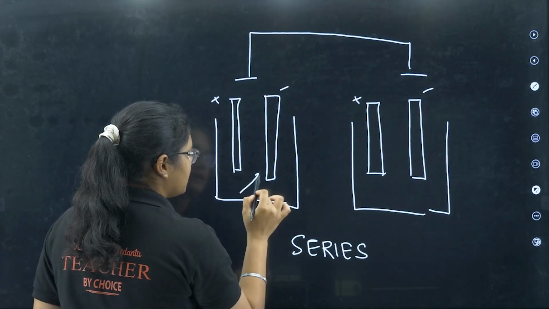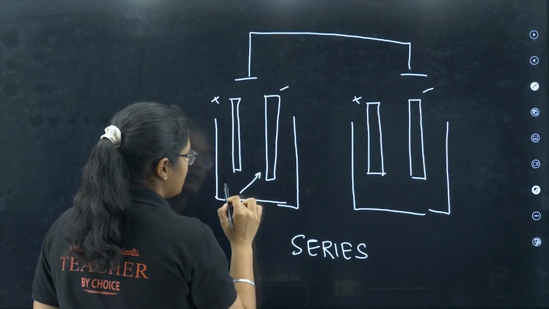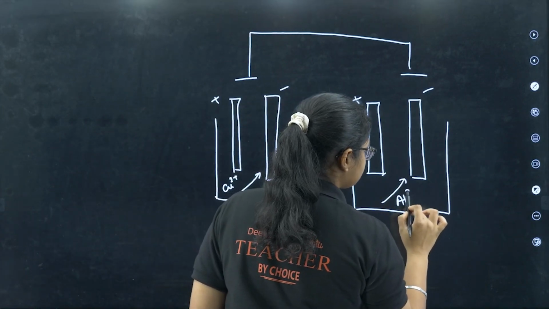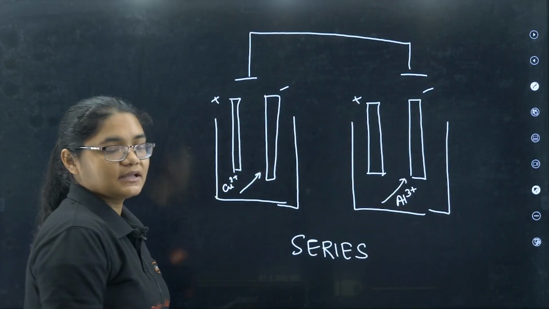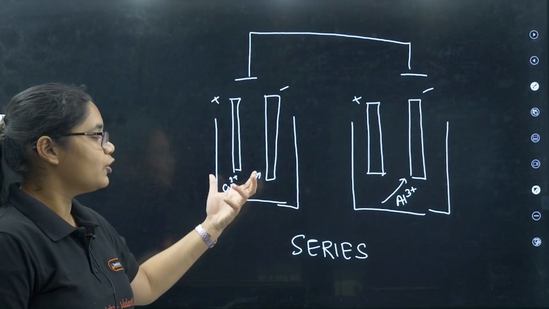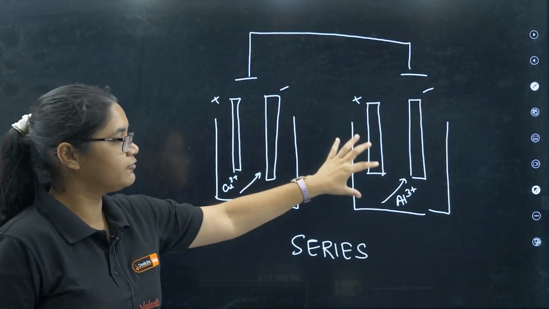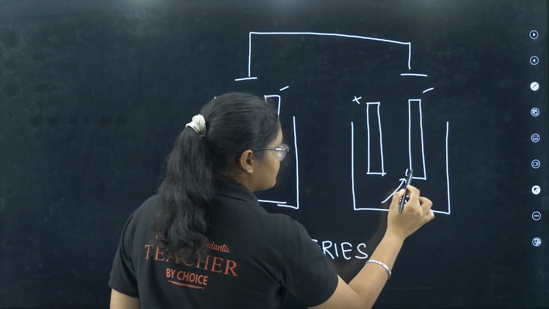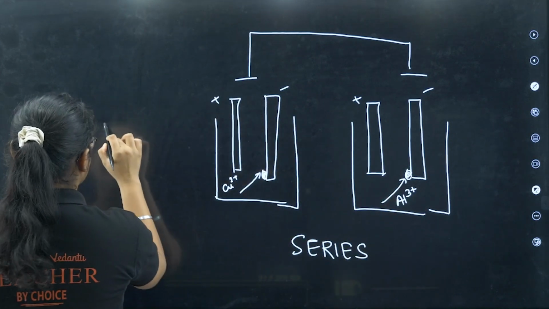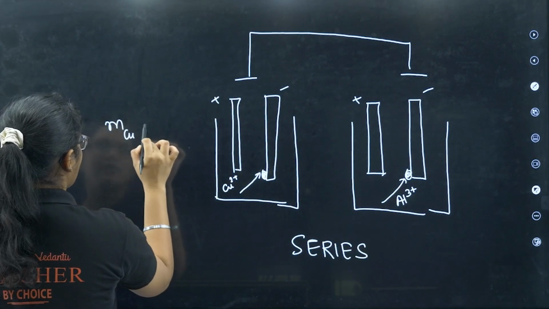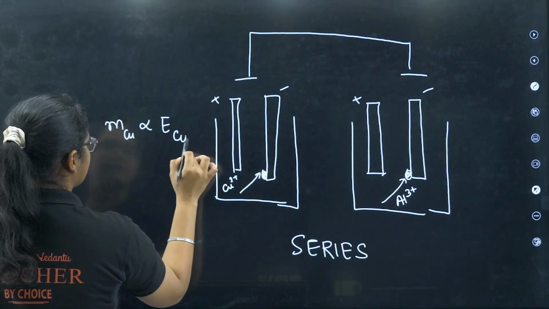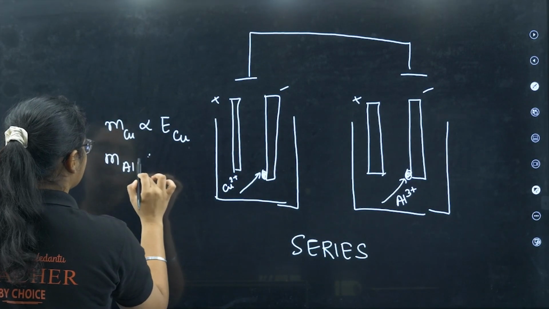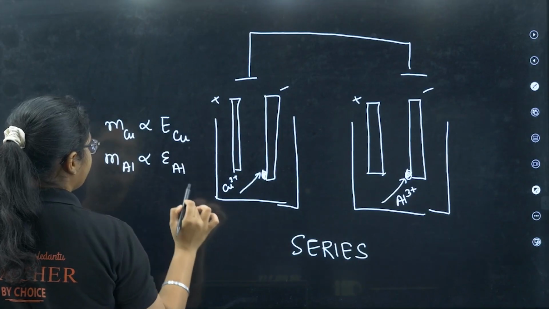Here one metal will deposit, let it be copper 2 plus, and here another, let it be aluminium 3 plus. The law says that if the same amount of current is passed, the mass of copper deposited will be proportional to the equivalent weight of copper, and the mass of aluminium will be proportional to the equivalent weight of aluminium.